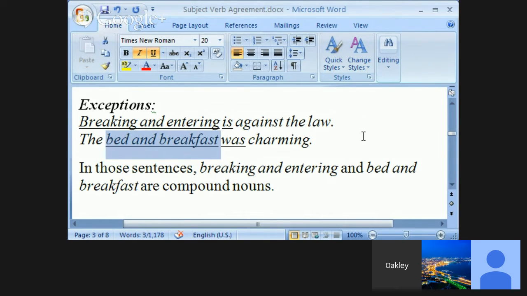The bed and breakfast was charming. Delightful, pleasant, nice. Okay. That's it. It's just an adjective. But we use "was" instead of "were" because a bed and breakfast is a type of hotel.